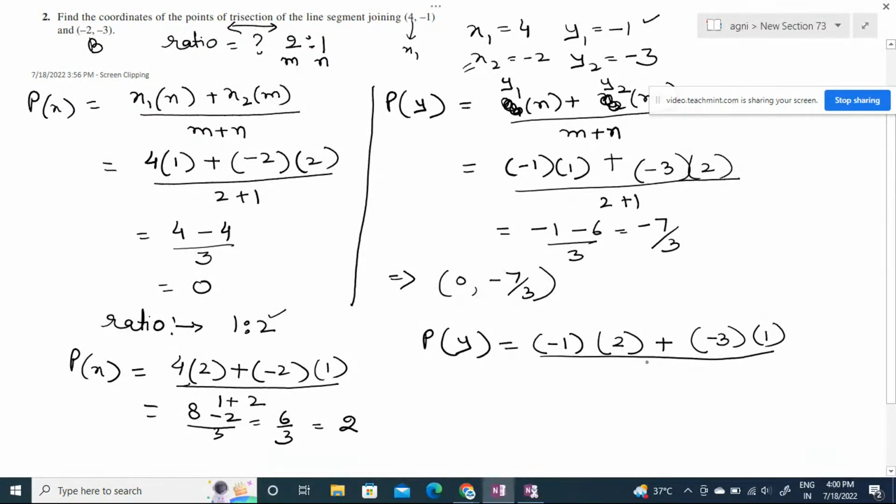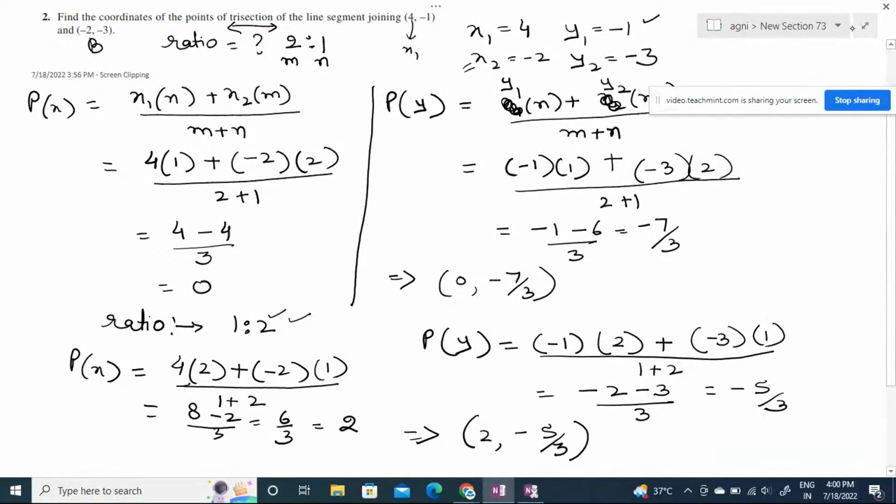Now m plus n becomes 1 plus 2, and we get minus 2 and minus 3 over 3. That means minus 5 by 3. So the second coordinates, if we take the ratio 1:2, become 2 comma minus 5 by 3. So now this question is completed.